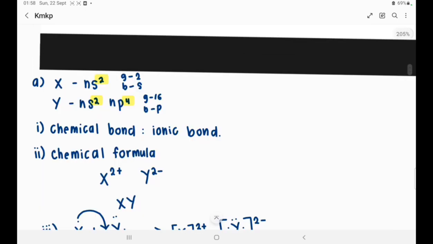Y? For easier identification of the chemical bonding, we can write again the information that was given, which is the valence electron. With the valence electron, we can identify the group and also the block of the element.